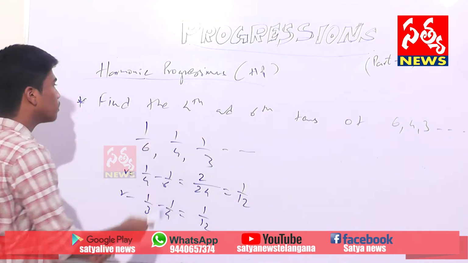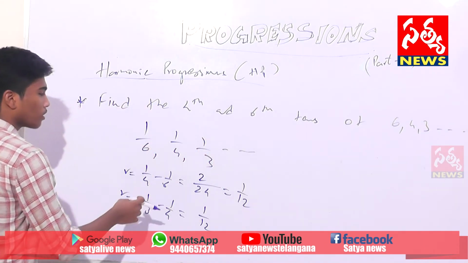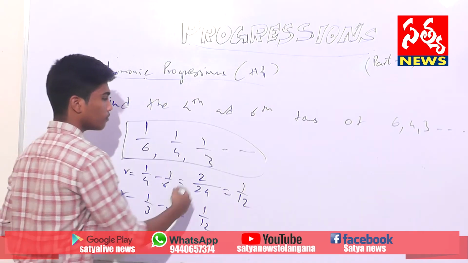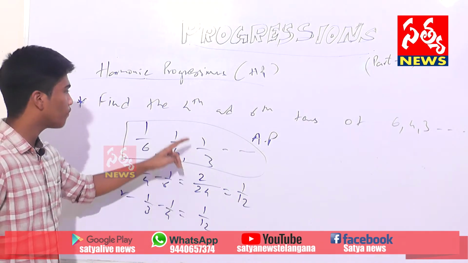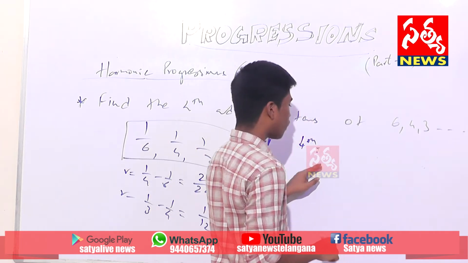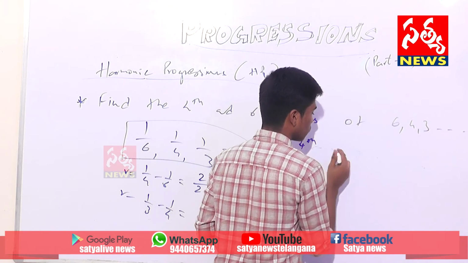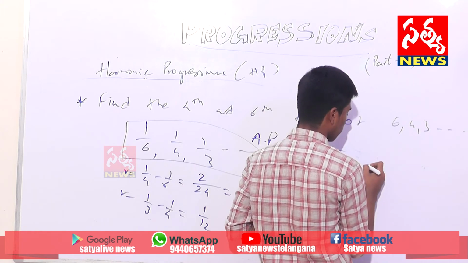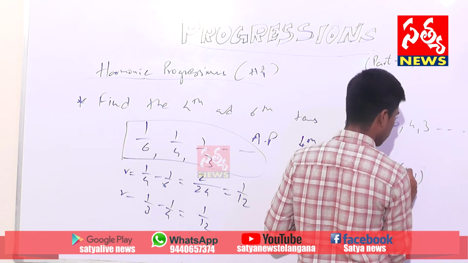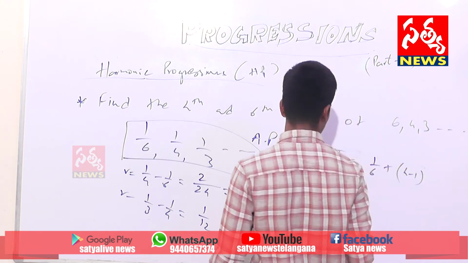So now, how do we find the fourth term and sixth term of that HP series? Forget the HP series and remember this AP series, and go on solving for the fourth term and sixth term of this AP series. You all know the formula for the nth term of an AP, right? Fourth term, T4 is equal to A, which is 1 by 6, plus 4 minus 1 into D. D is 1 by 12.